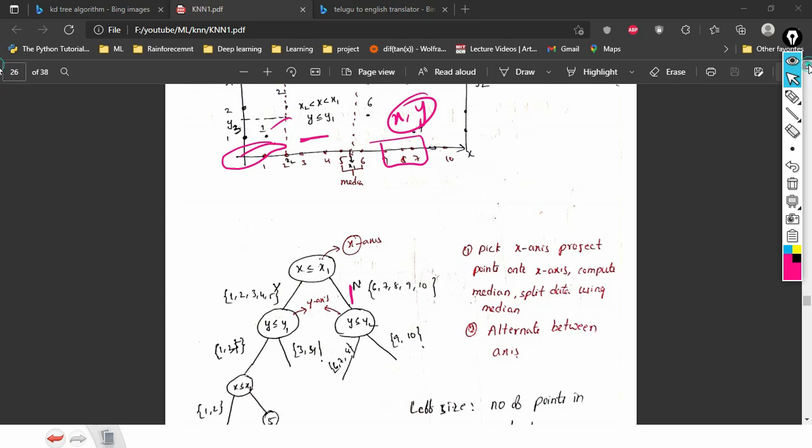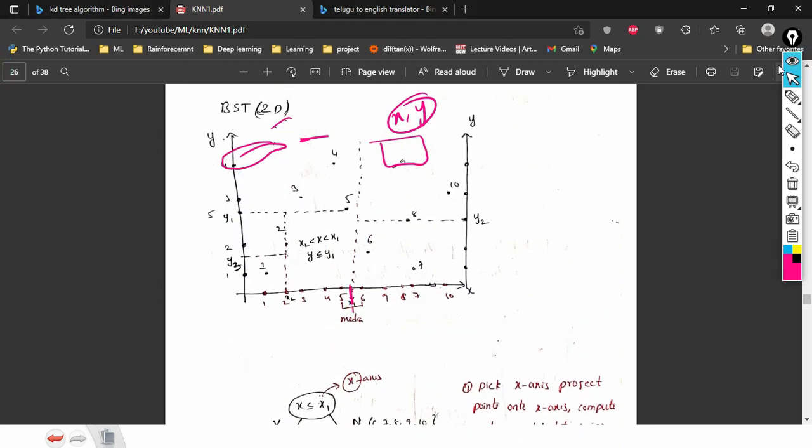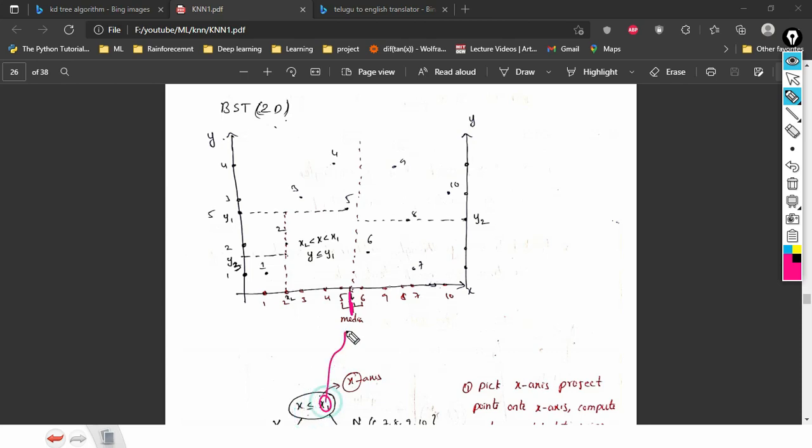When we split by using this value, x1 is the median value. These are the points that belong to this region, and these are the points that belong to this region. We can observe 6, 8, 9, 10 here. We split based on the x-axis.